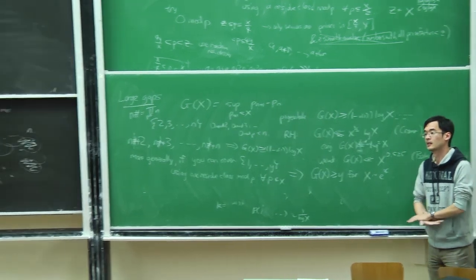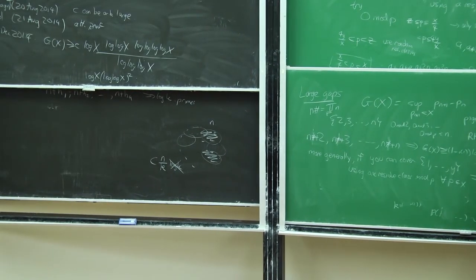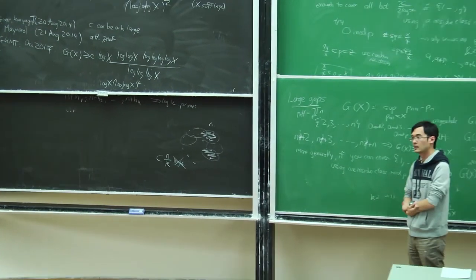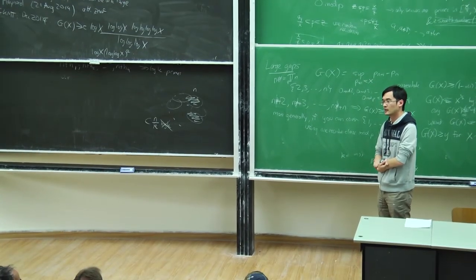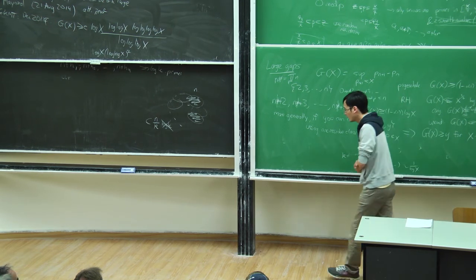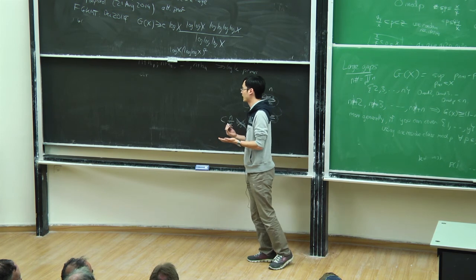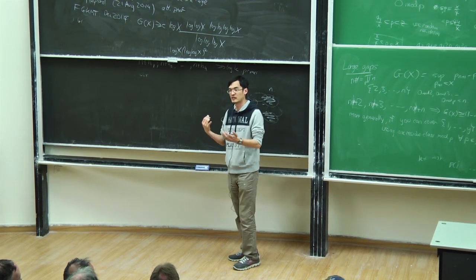Yes. Here you discuss the maximum gap between primes up to x. Can you say something about the average gap up to x? Right, that's an interesting point. Of course, the first moment, the actual average gap, is log x from the prime number theorem.